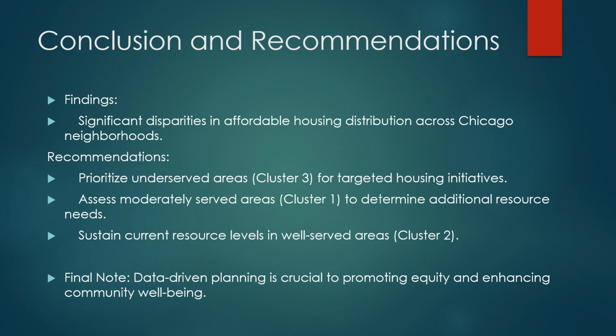And the recommendations I would give are that we prioritize the underserved areas, that's cluster 3, for targeted housing initiatives. That's the zip codes in cluster 3. That's what we pay attention to. And assess moderately served areas, that's cluster 1, to determine additional resource needs. We also have to sustain the current resource levels in well-served areas, that's cluster 2.